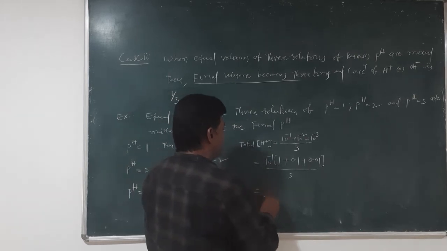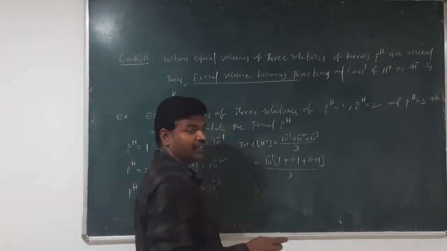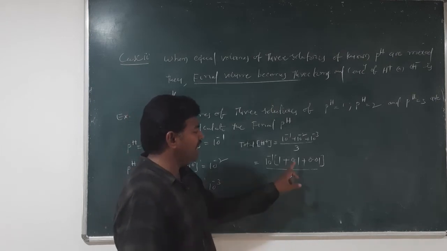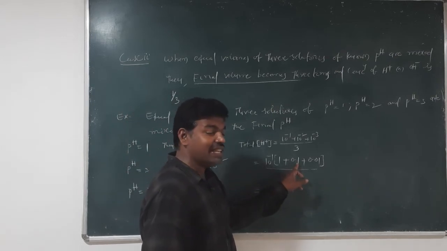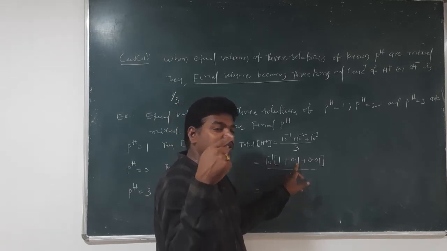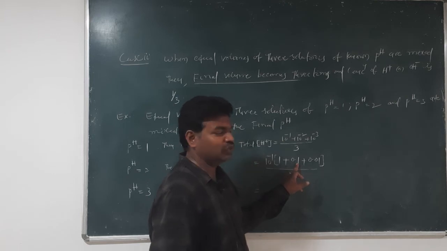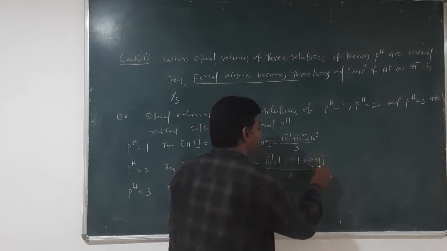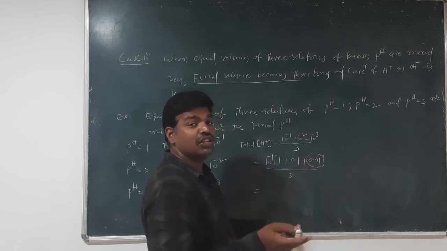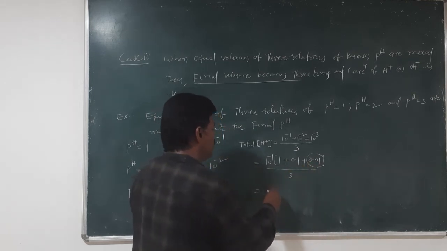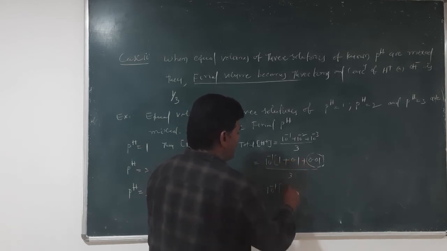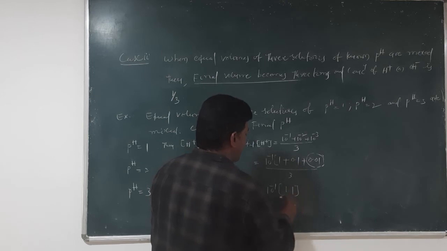Here you should keep one point in your mind: whenever the concentration is less than 0.1, then the decimals can be neglected. So here we can neglect the 0.01 because 0.01 is less than 0.1. So 10 power minus 1 into 1 plus 0.1, that means 1.1 by 3.